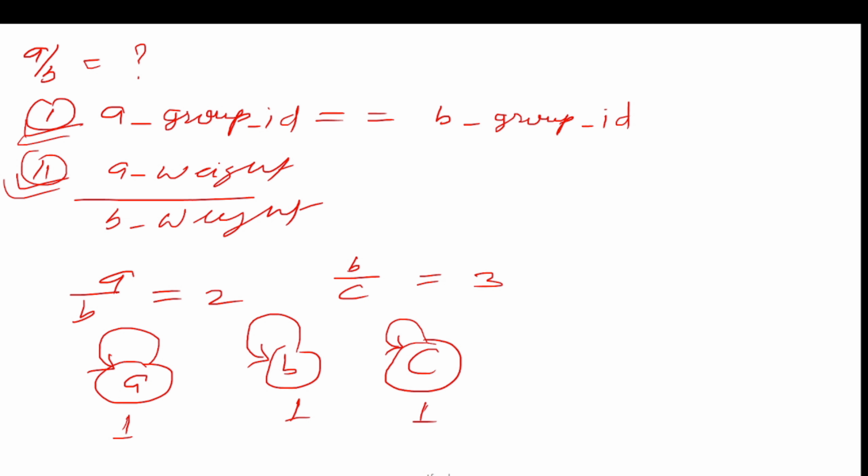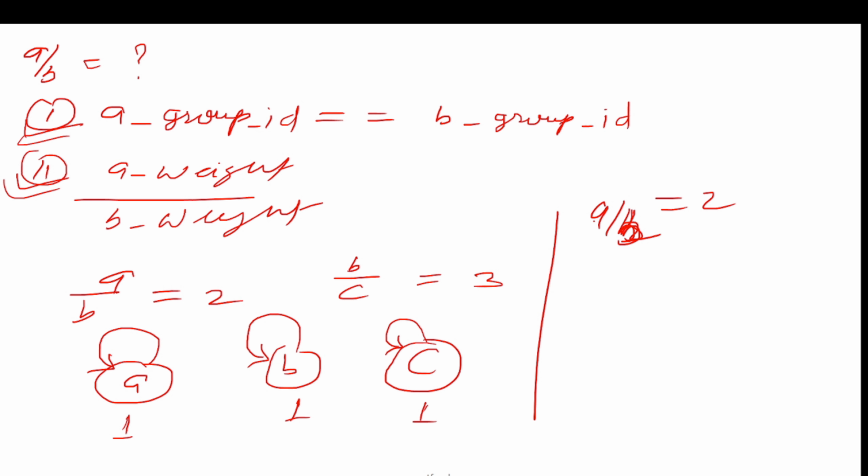Now we process the equation a by b equal to 2. If we process it by joining, meaning a union operation, the two groups that the variables a and b belong to would obtain a result.